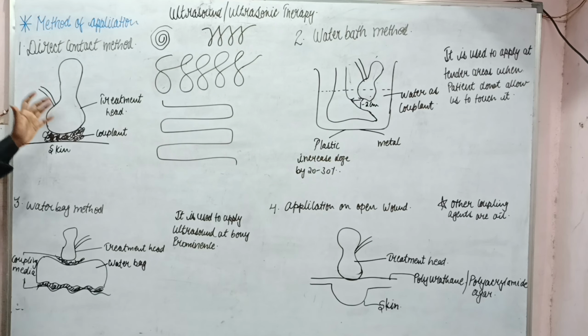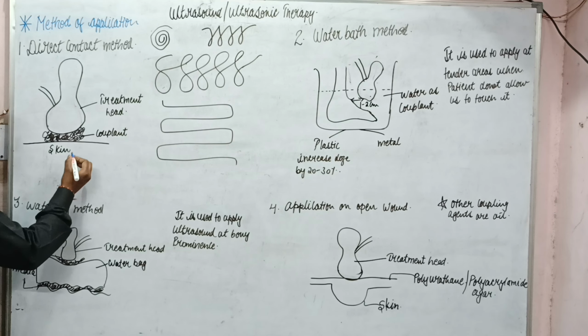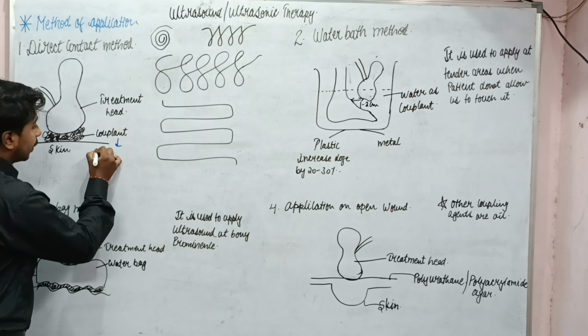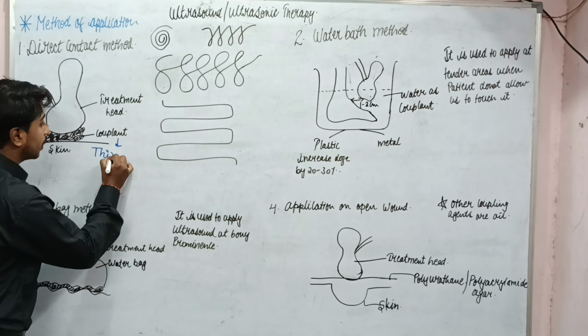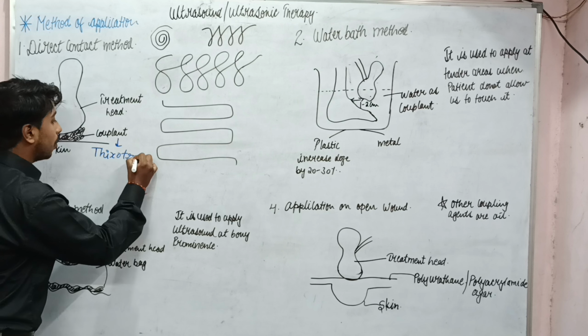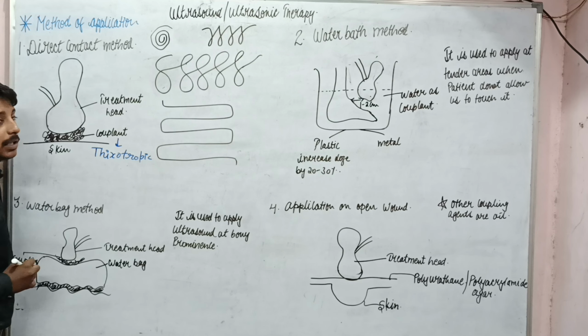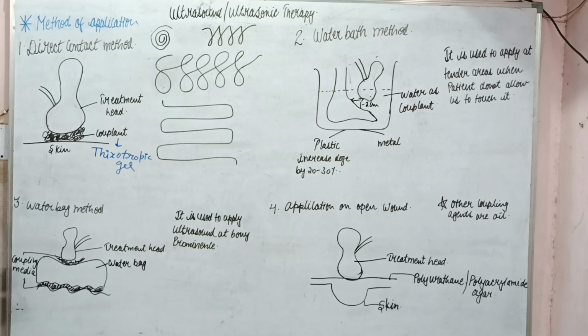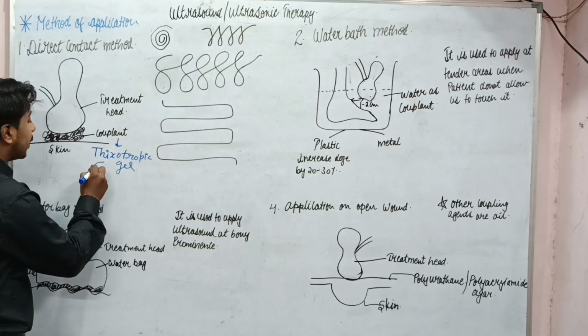Okay, so this is the diagrammatic representation. This is the skin, then the couplant which is used, and the couplant is a thixotropic gel. Okay, and what is the meaning of thixotropic gel? It is a type of gel which becomes liquid.